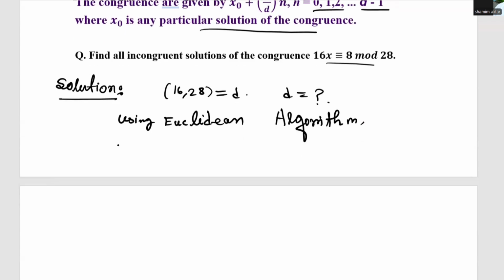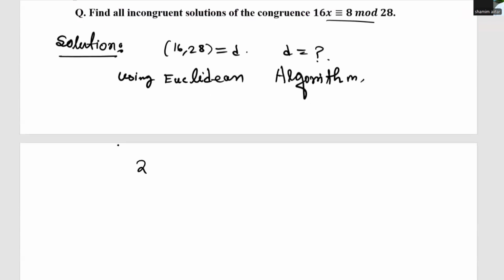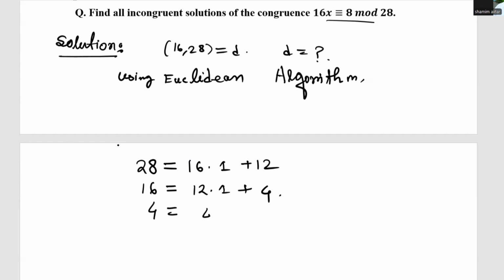So 28 can be written as 16 times 1 plus 12, and 16 can be written as 12 times 1 plus 4, and 12 can be written as 4 times 3 plus 0.